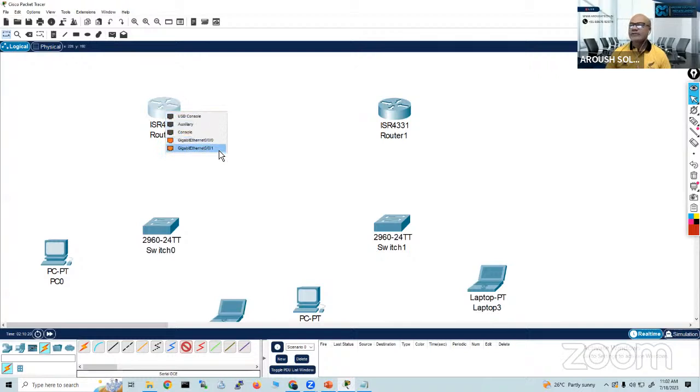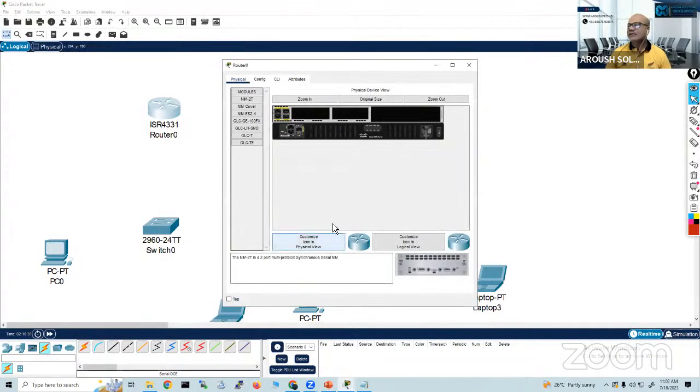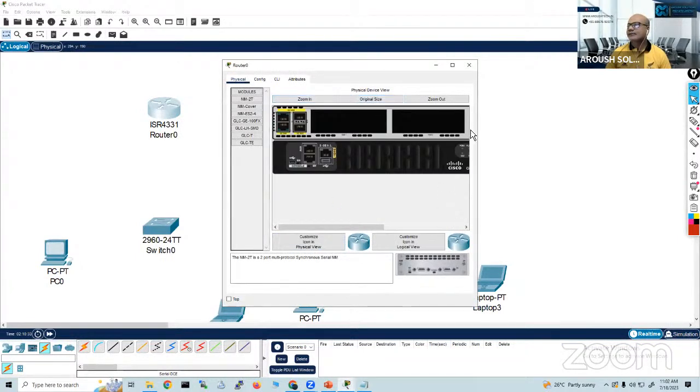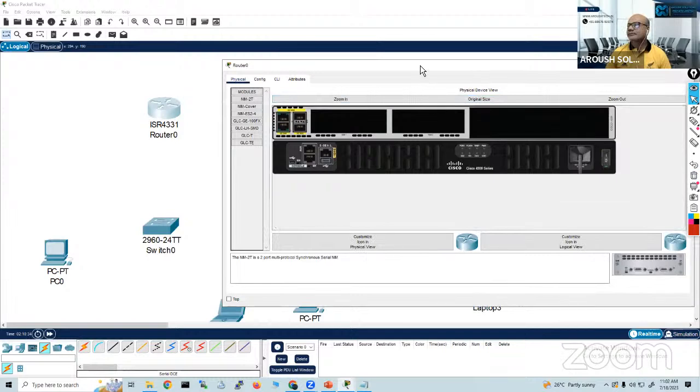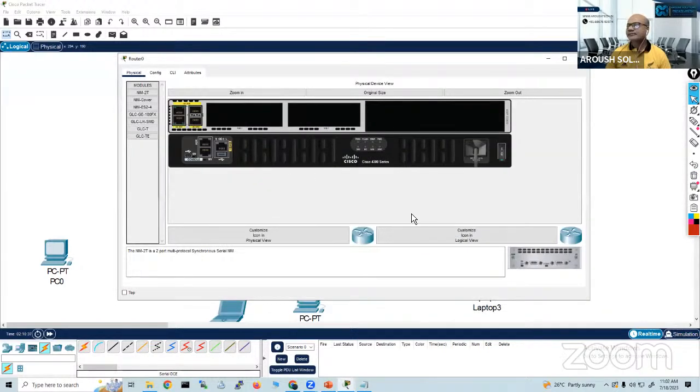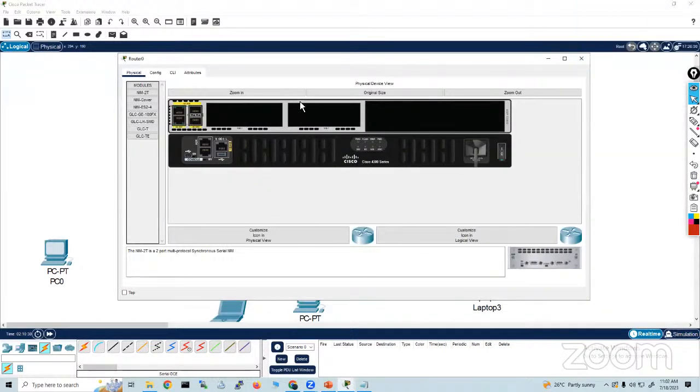We can see here only the gigabit 0/0/1, console, auxiliary, and USB connections. So what we can do is click on this icon and make it big here. This is the backside of your router.